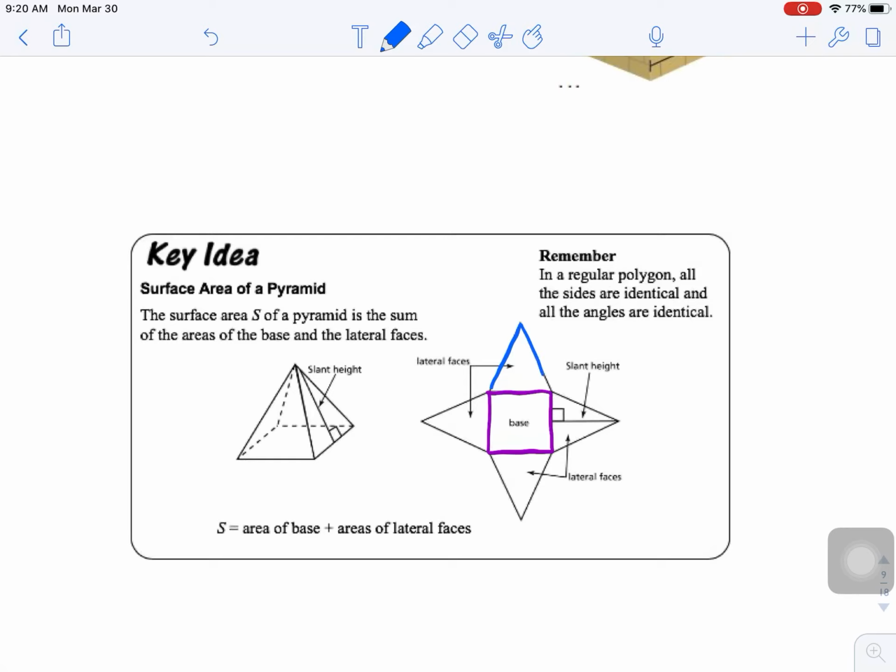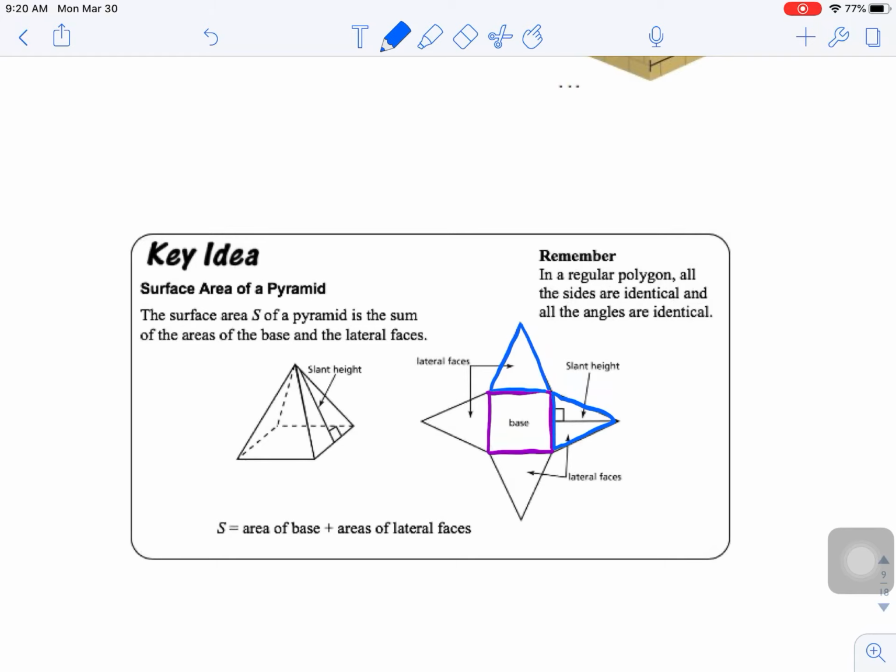Okay, so right now I'm drawing on the net of the figure, so that's just taking the pyramid and unfolding it. The pyramid is different than the problems we did last week. Last week we looked at prisms, and prisms have rectangular sides, where pyramids have triangular sides.